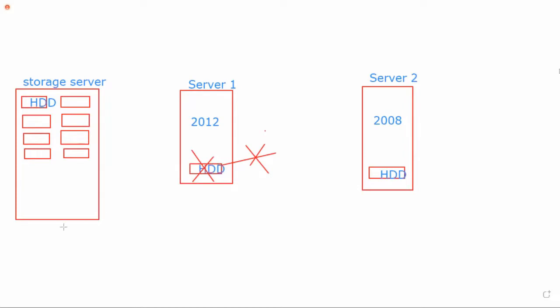So actually we have a separate storage server with a lot of hard disks. So we can install the domain server. We are installing the server, but we are using a separate hard disk over the network. That's a virtual hard disk.